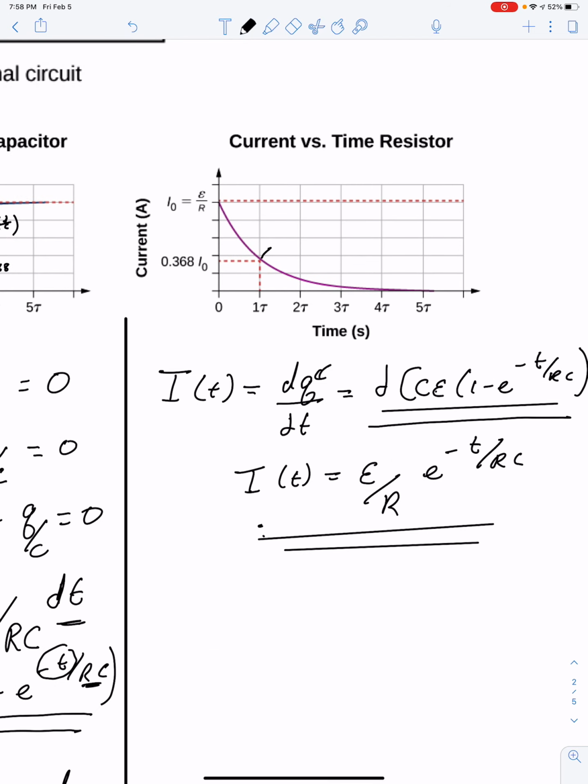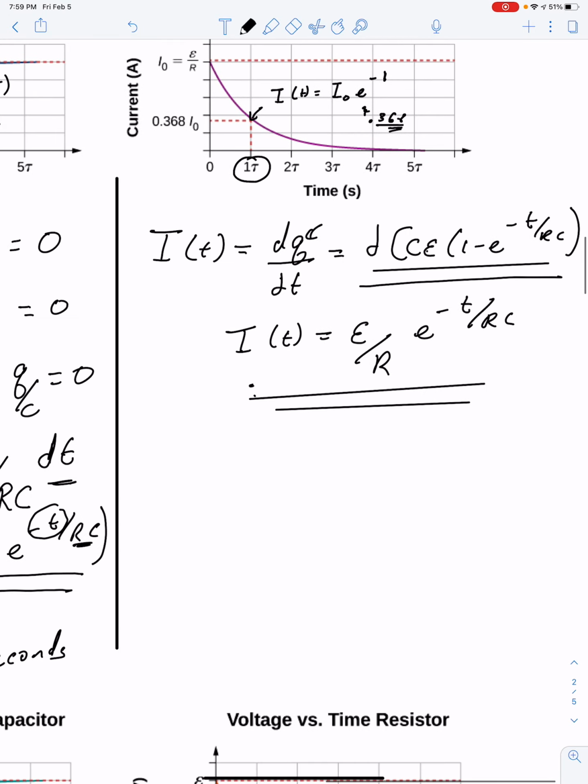So we have the graph right here. We go, okay, current with respect to time, and this gets to 1. E to the negative 1 is 0.368. And that's why we can figure out that once we know the time constant, we can find out the current once it hits the time constant right here. Okay?